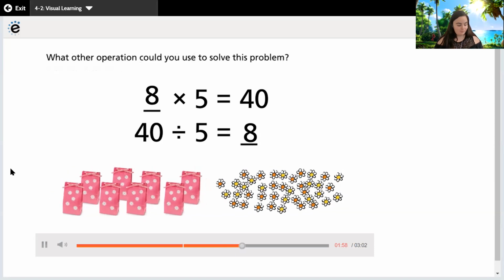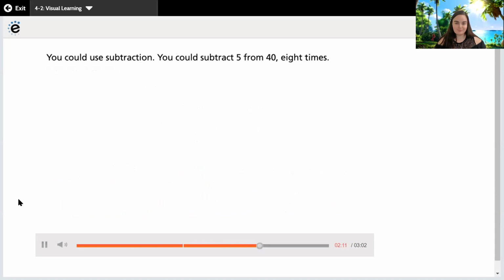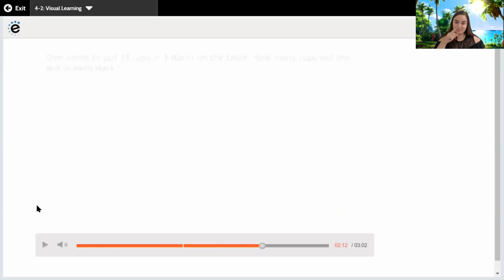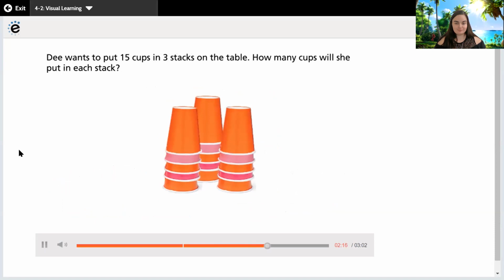What other operation could you use to solve this problem? You could use subtraction. You could subtract 5 from 40 8 times. So thinking about how multiplication is high-speed addition, division is high-speed subtraction. D wants to put 15 cups in 3 stacks on the table.